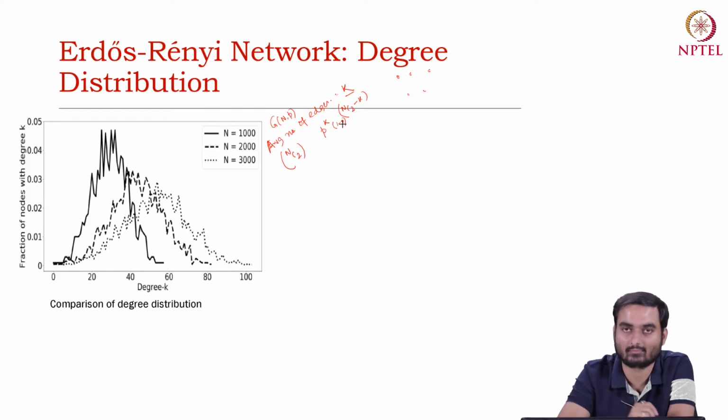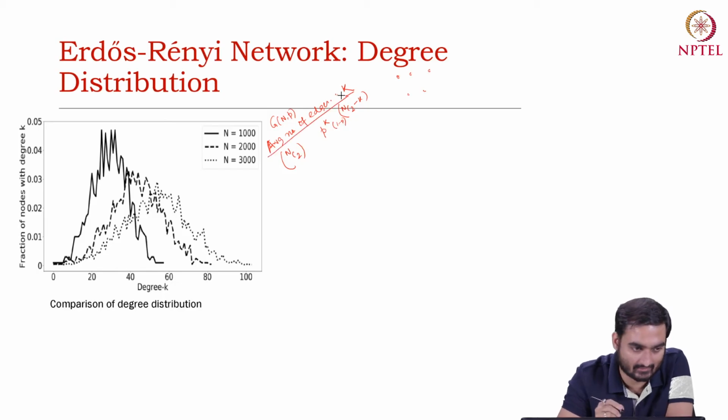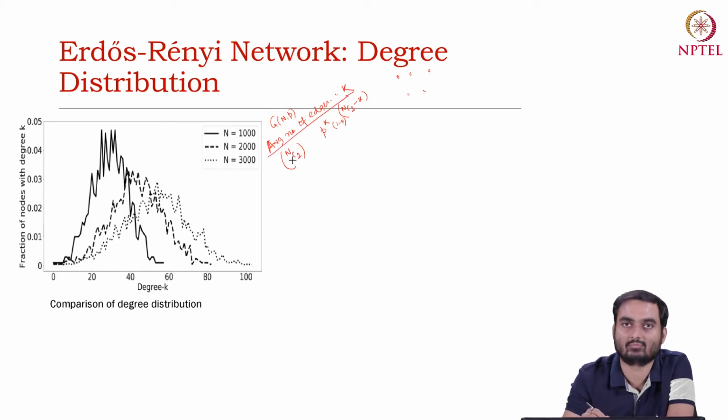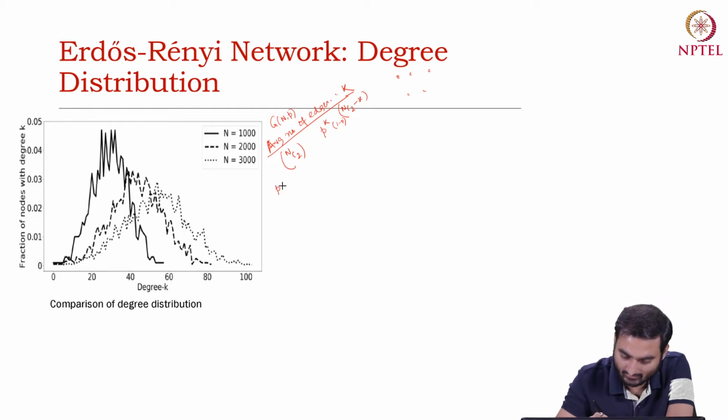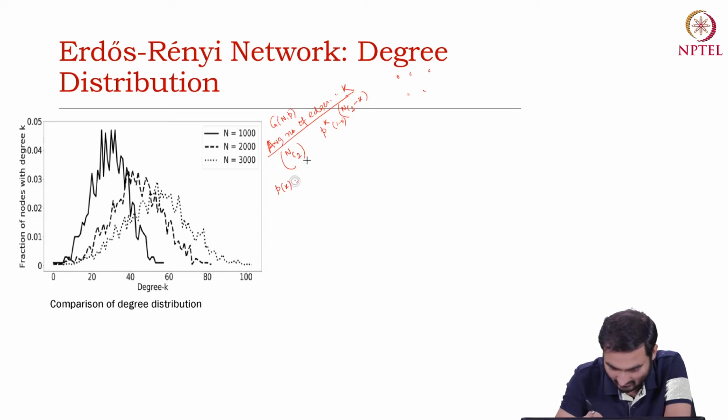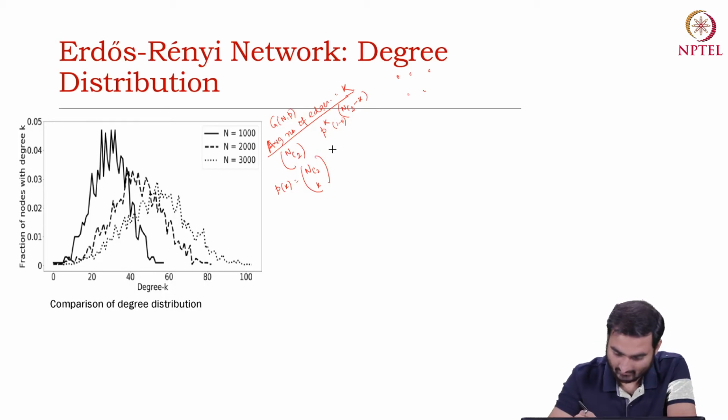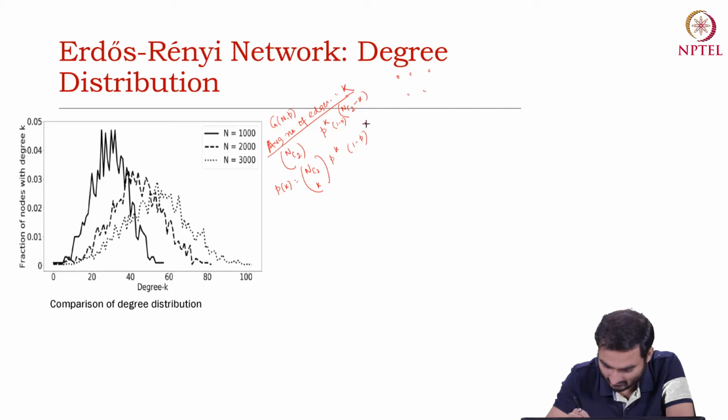Now if you think of the probability, this basically follows a binomial distribution, as you see. So it is basically P(k) is n C 2 choose k, p to the power k, (1 minus p) to the power n C 2 minus k.